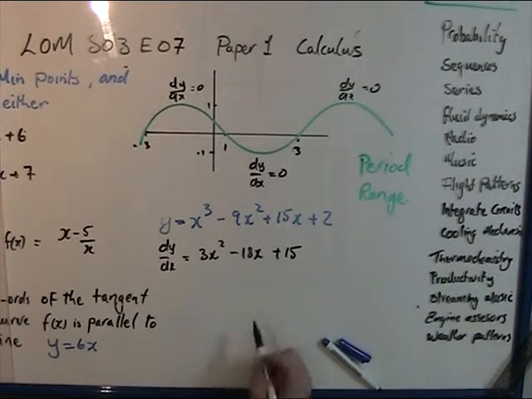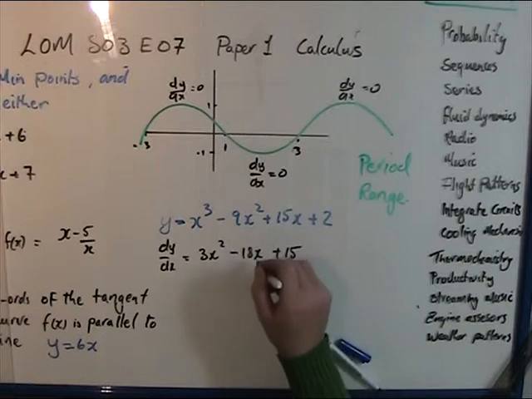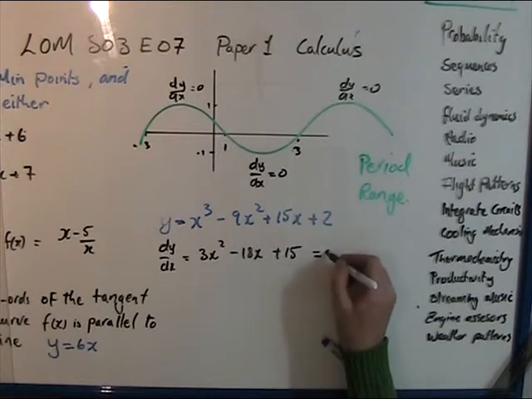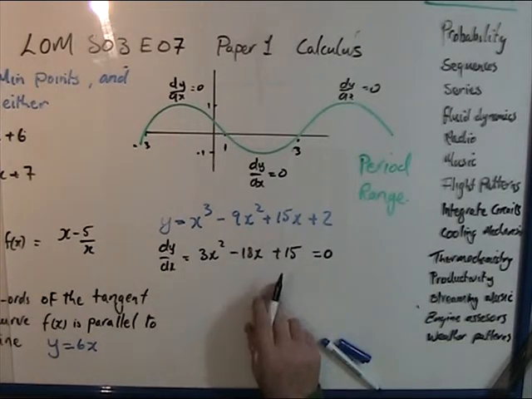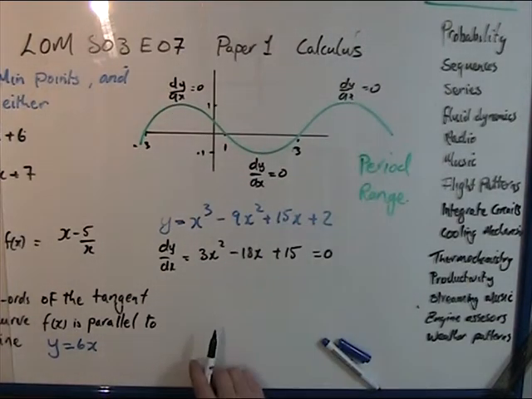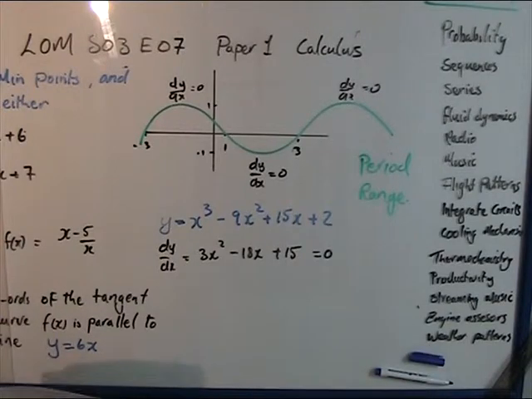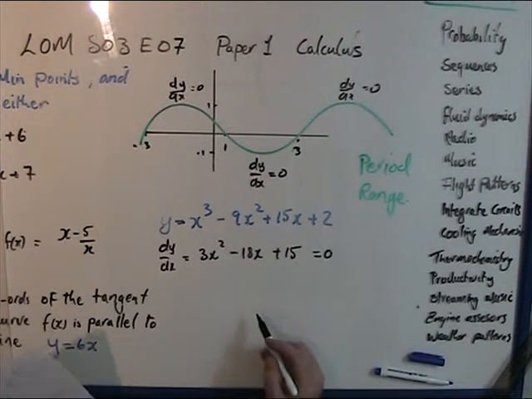We know that when dy/dx is equal to 0, these are related to these points. So I have to find out, when I find my points, which one is a local maximum and which is a local minimum point.